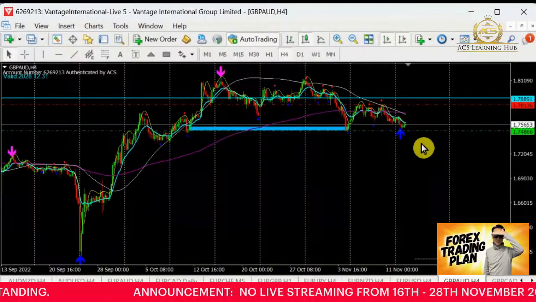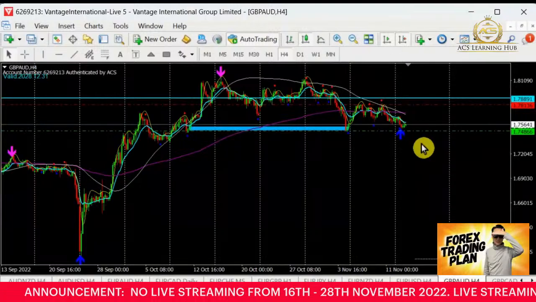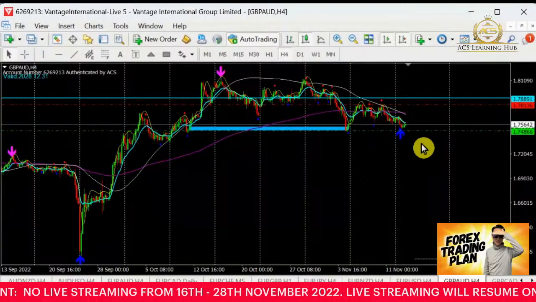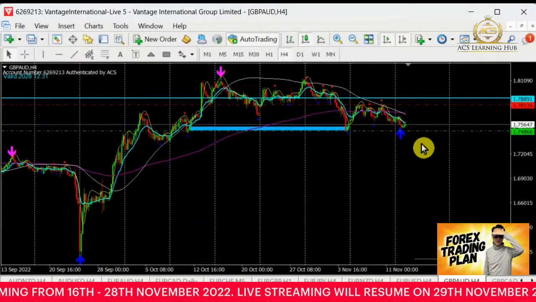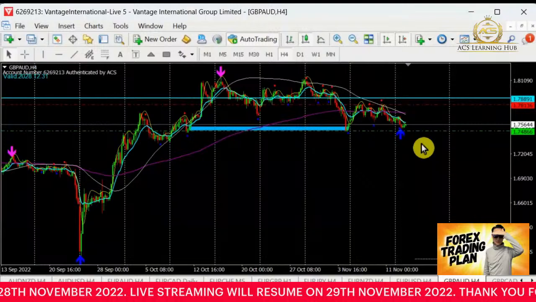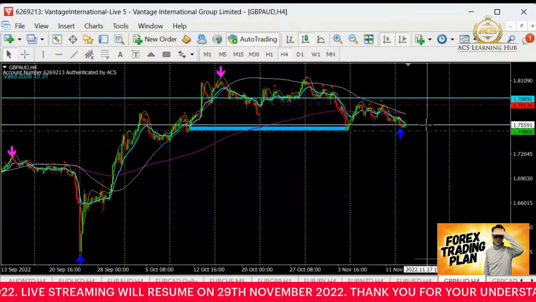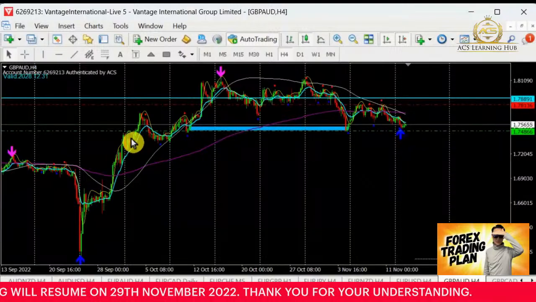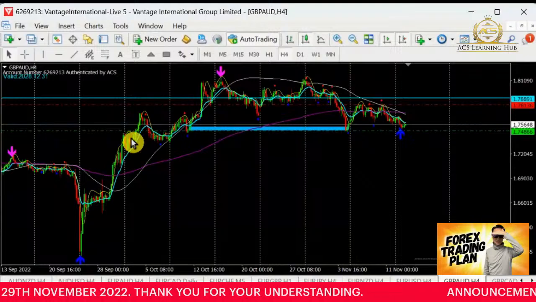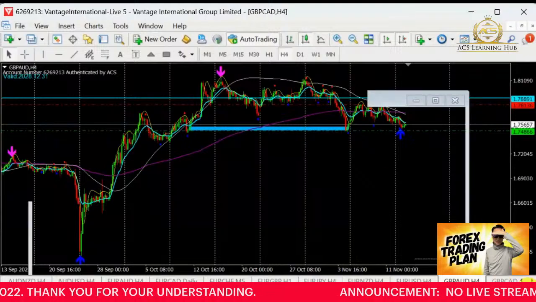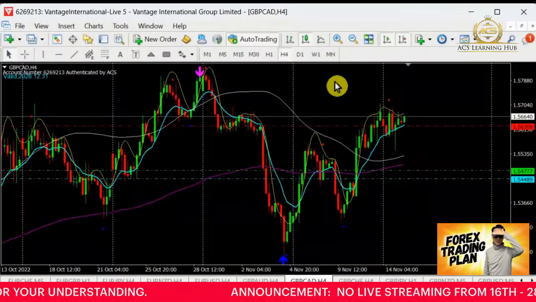So tentatively, we are going to wait for this Pound Aussie, because we still have very big space here, about 83 pips to break the support. So let's skip this. Right, Pound Cat. Let's take a look at Pound Cat.